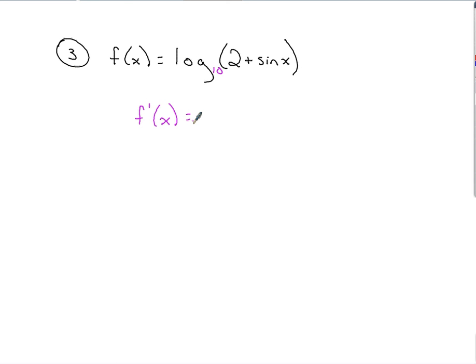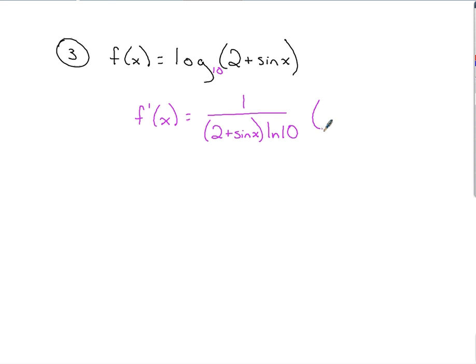F prime of x equals, if we follow the consistency of the first approach like we did on the last one, it'd be 1 over the part that follows the logarithm, which is 2 plus sine of x, times the natural log of the base, the natural log of 10. It's not the natural log of e, can't just cancel out to 1 there, it has to stay as the natural log of 10.